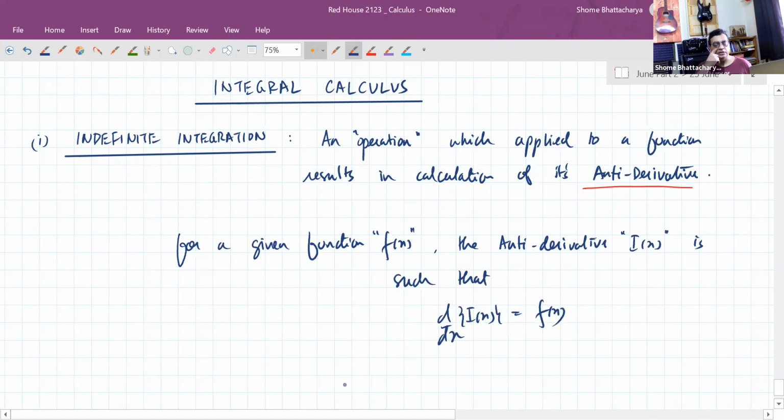So it's anti of derivative. The operation on f(x) gives us such a value that its derivative should be equal to f(x). That is the meaning of the term antiderivative.